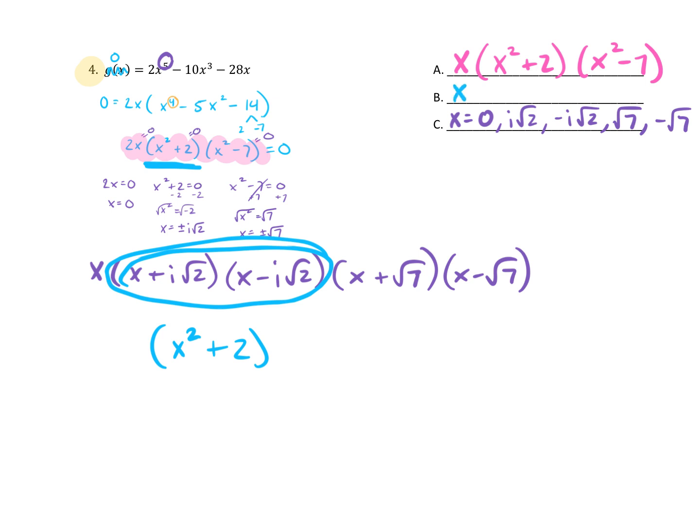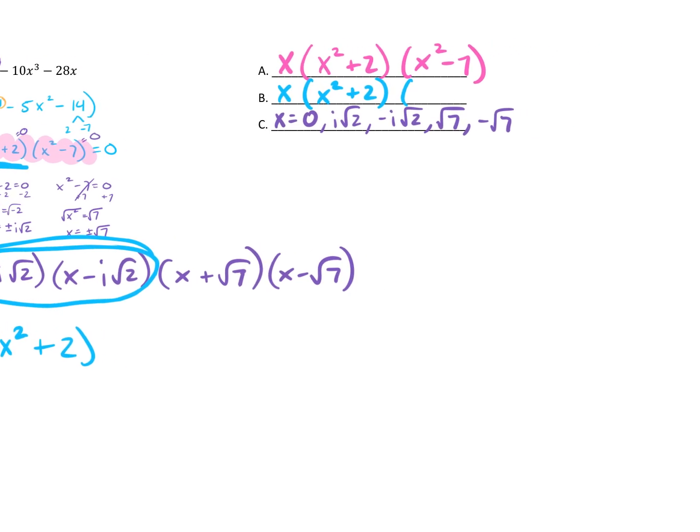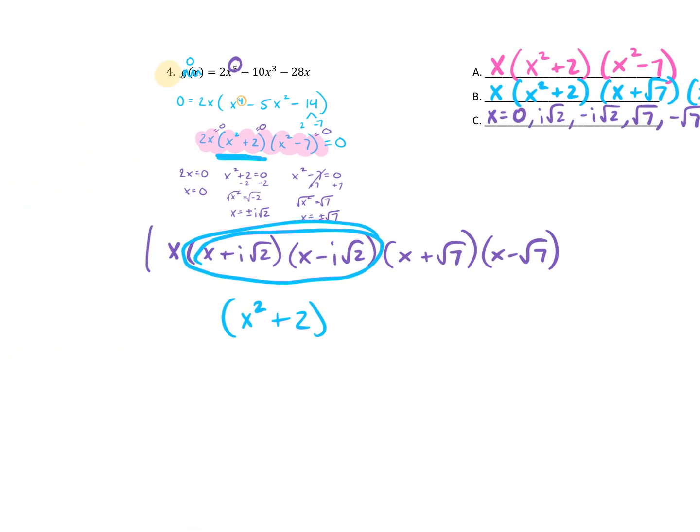So here we have x times x squared plus 2. And then the other ones, the square roots, we can leave in. Irreducible over the reals, you just can't have i's, so we can leave the square roots. X plus square root 7 and x minus square root 7. And again, this one is complete factorization.